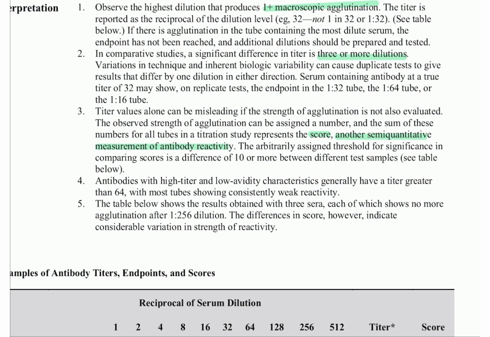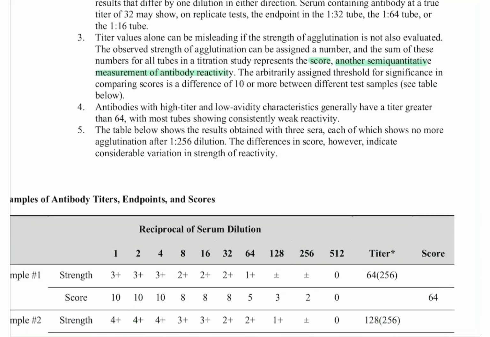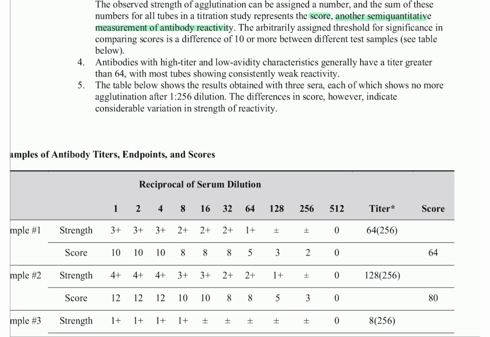Titer values alone can sometimes be misleading to physicians, so we can include a representative score. It's a semi-quantitative measurement of antibody reactivity. Again, the score is not commonly used any longer. I believe it was more popular before our time.